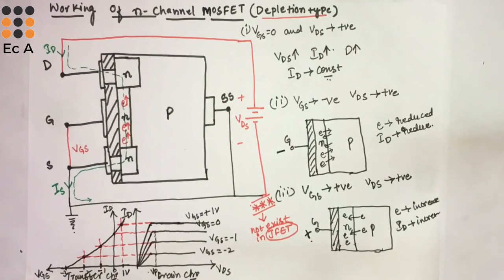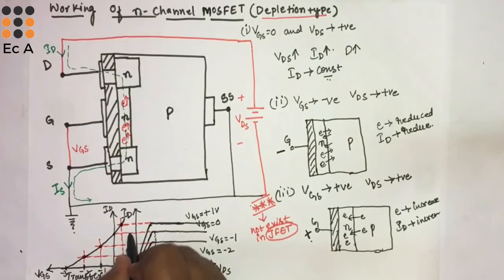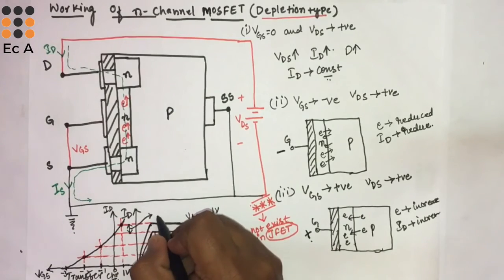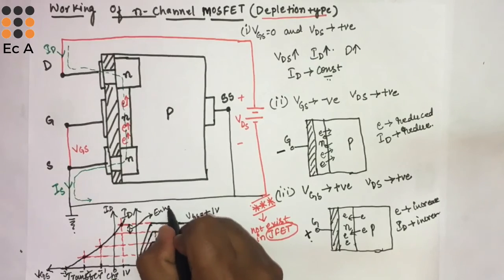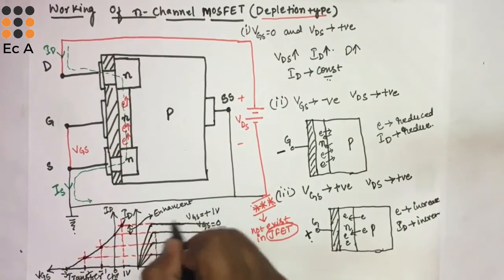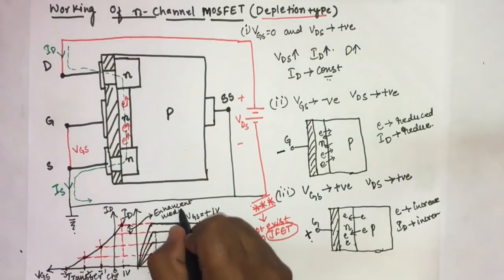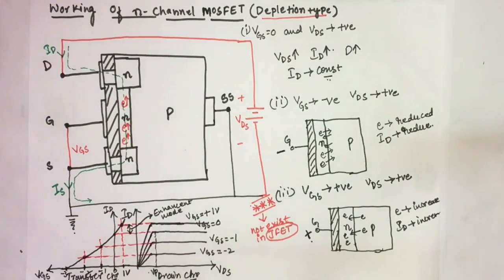This characteristic is the transfer characteristics of the N-channel MOSFET, and the region between VGS equal to 0 and VGS as some positive voltage, that region we'll call the enhancement mode. Hope you have understood the topic. Thank you.